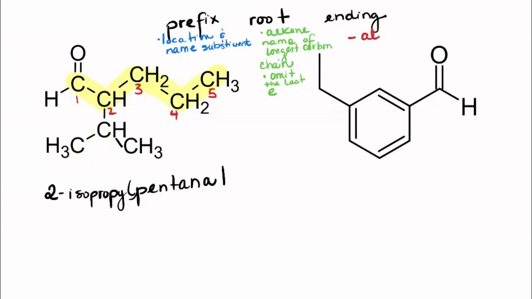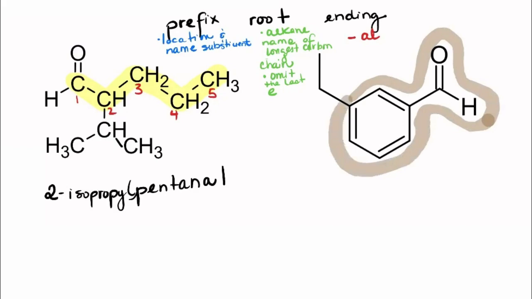Aldehydes can be aromatic. And when we have an aromatic aldehyde, we have to treat it differently from a straight chain aldehyde. In aromatic aldehydes, the benzene ring and the CHO group, because remember that CHO represents the aldehyde, that whole motif is always going to be our parent chain.